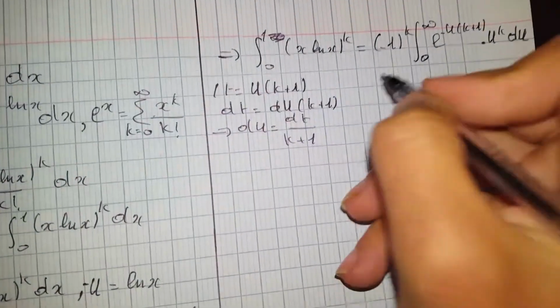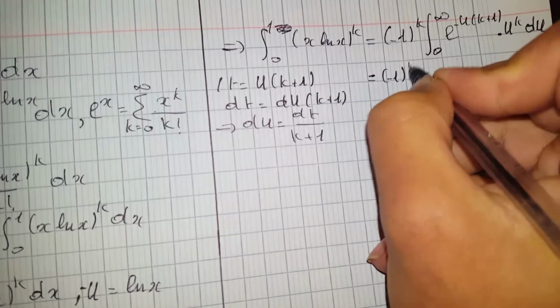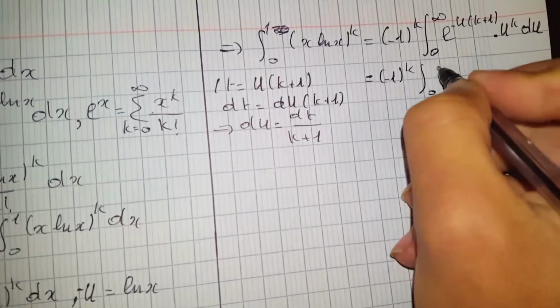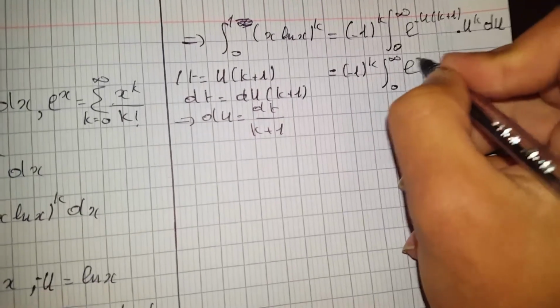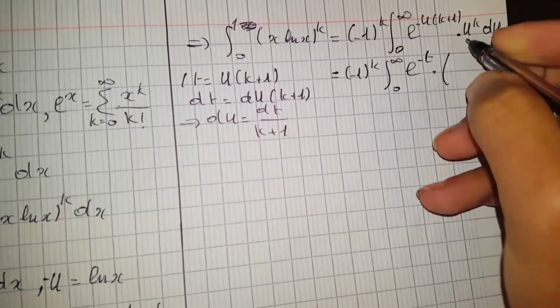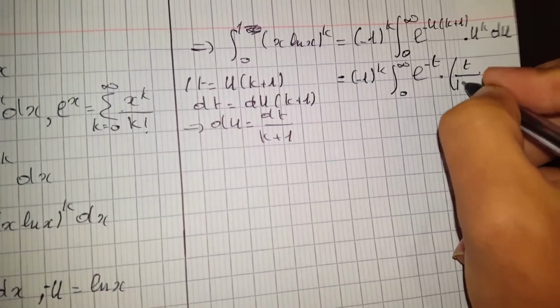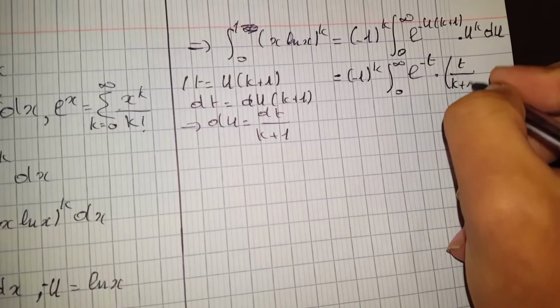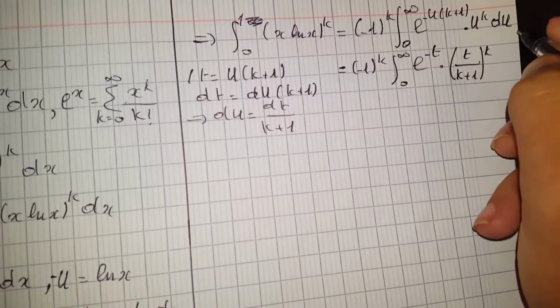I will put that in our integral. It's going to give us minus 1 to the k, the integral from 0 to infinity of e to the minus t multiplied by (t over k plus 1) to the k, dt over k plus 1.